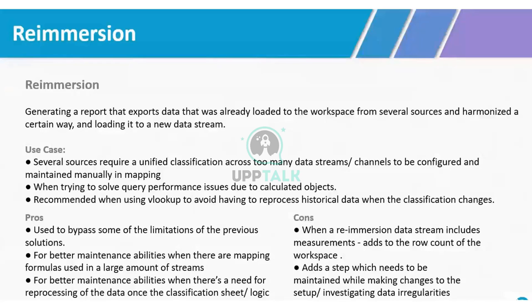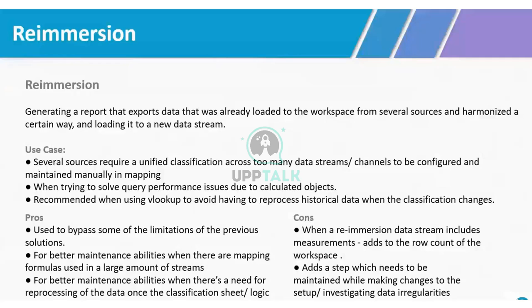What are the cons? The con is when a re-immersion data stream includes measurements, it adds to the row count of the workspace. Not only that, but it also doubles up the values. Say suppose you have impressions and clicks for your data stream. Now the parent data stream was supposed to only contain dimensions, because we want to use re-immersion so that the dimensions are in a placeholder and we don't calculate them on the fly. But what happens is we have by mistake mapped the measurements.